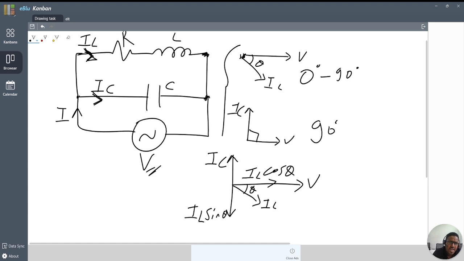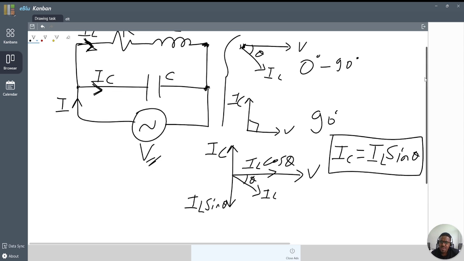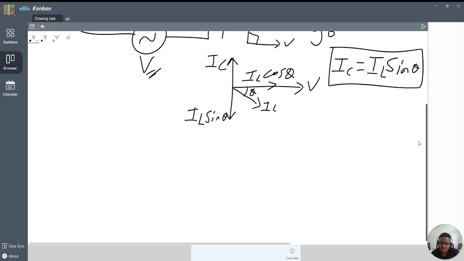So during this time, IC equals IL sine of theta.